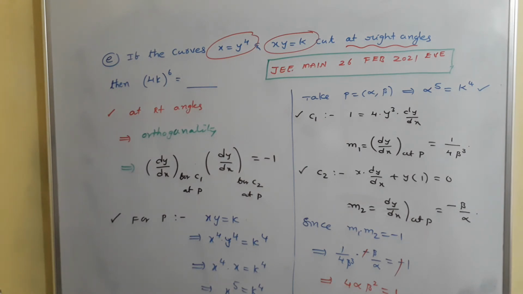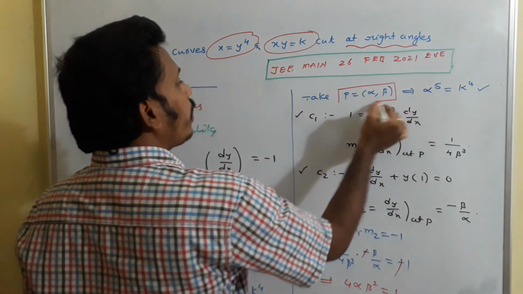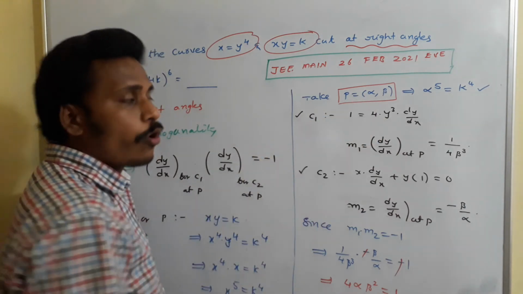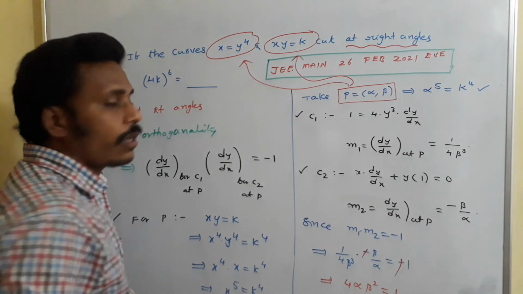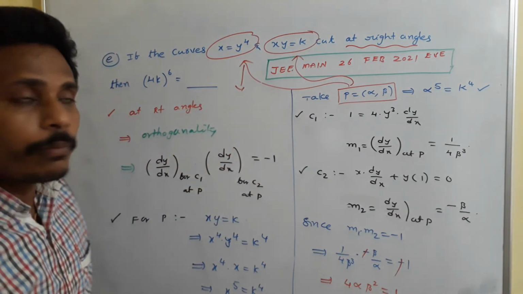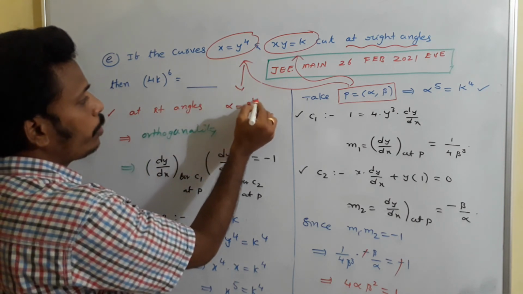We need to find the value of 4k power 6. And we are taking P is equals to alpha comma beta, which is the intersection point, and I have alpha power 5 is equals to k power 4. Since P is the intersection point, P lies on the first curve as well as the second curve. Since P lies on the first curve, the coordinates alpha, beta will satisfy its equation, so alpha is equals to beta power 4.